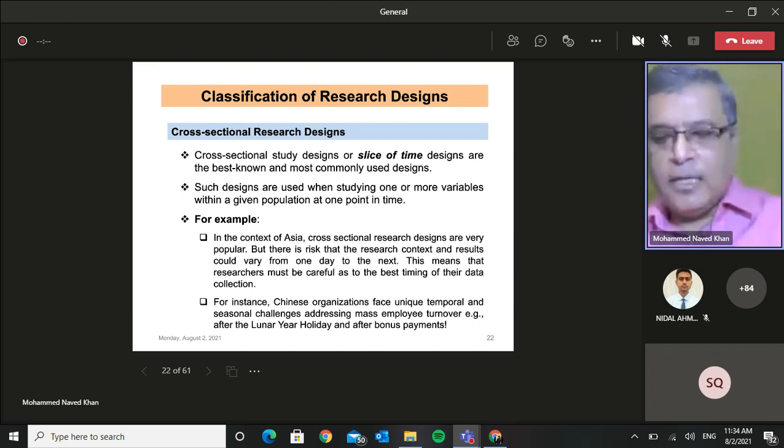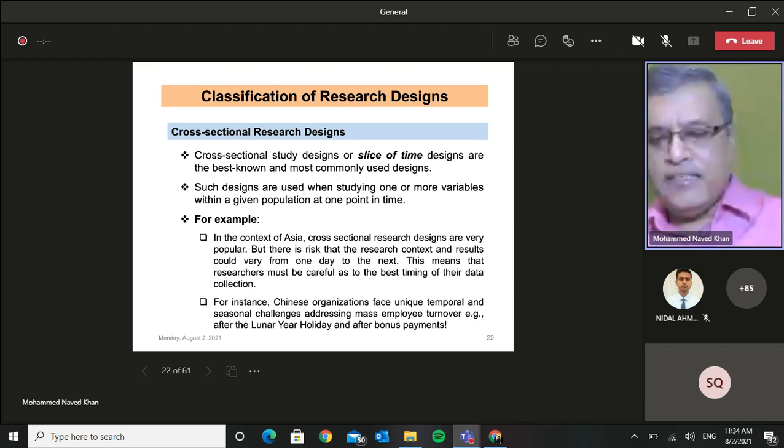And take the example, for instance, in the context of our continent, that is Asia, these kinds of designs are very popular, that is cross-sectional designs. In fact, in case of doctoral studies, the research studies that we do, especially in the context of our country, you will find that most of these studies are based on this cross-sectional design.